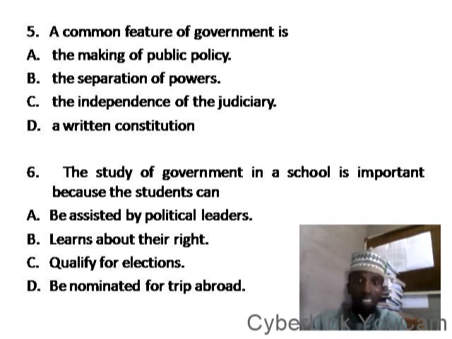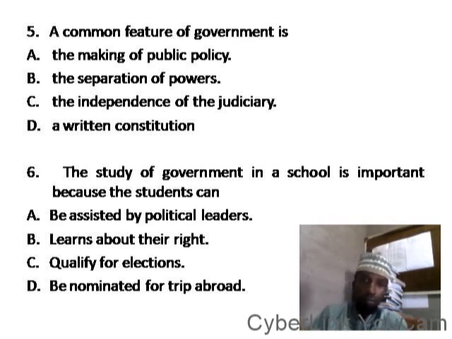Then independence of judiciary, you cannot tell me that judiciary is independent under military rule. Then a written constitution, one type of government can adopt written, another one can adopt unwritten. We have flexible, we have rigid, we have unitary constitution, we have federal constitution. The correct answer to the question is option A, which is the making of the public policy.